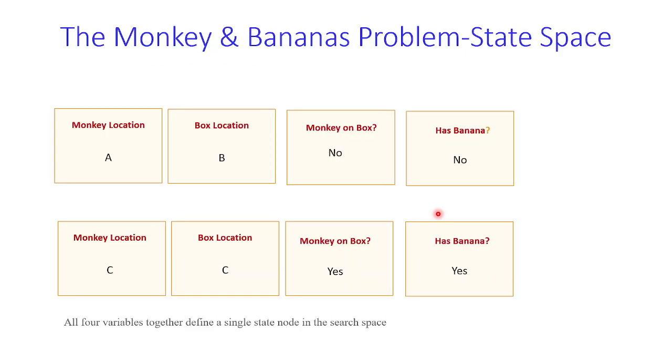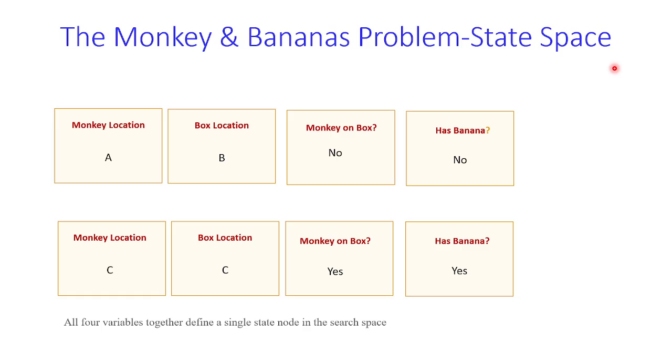Now we will talk about the state space. What is a state space? A state space is the set of all possible configurations the problem can be in. There are four variables: the monkey location, the box location, whether the monkey is on the box, and whether the monkey has the banana.